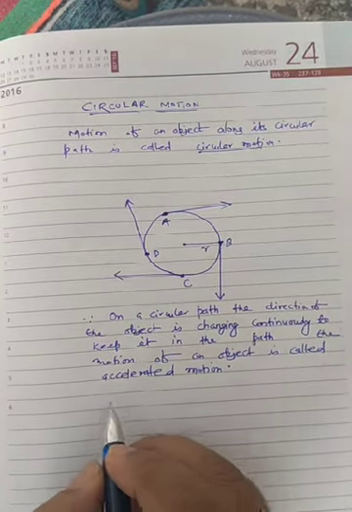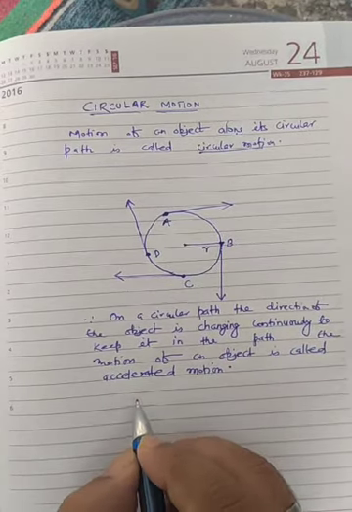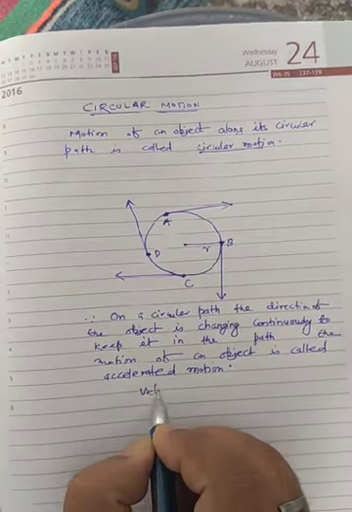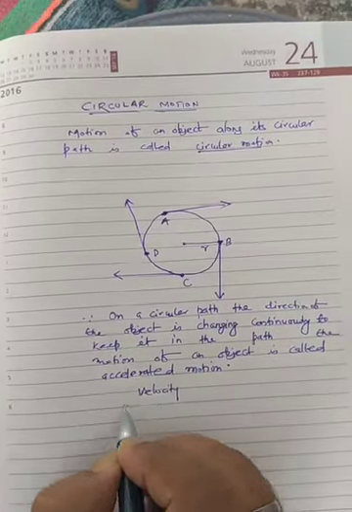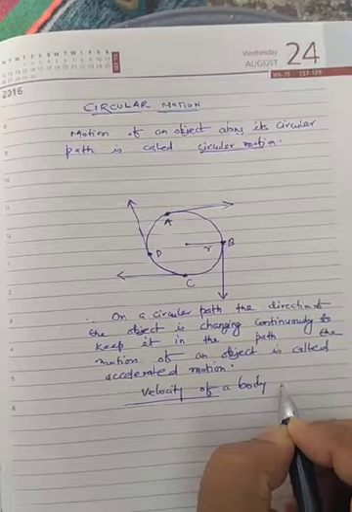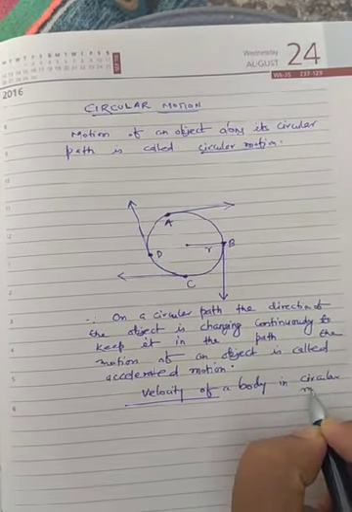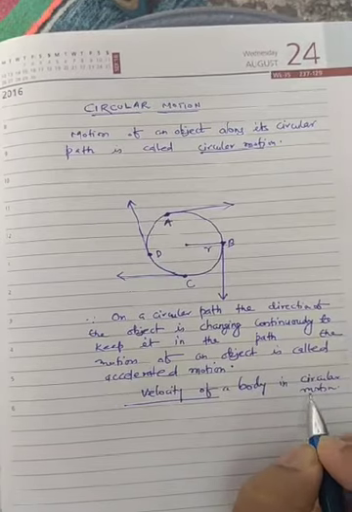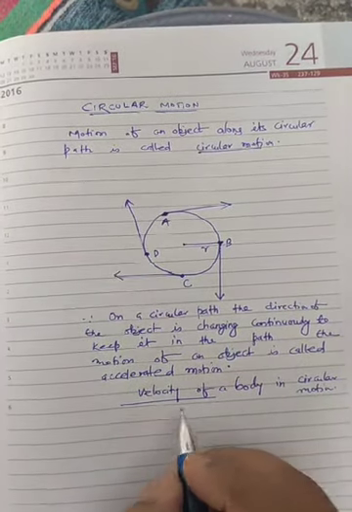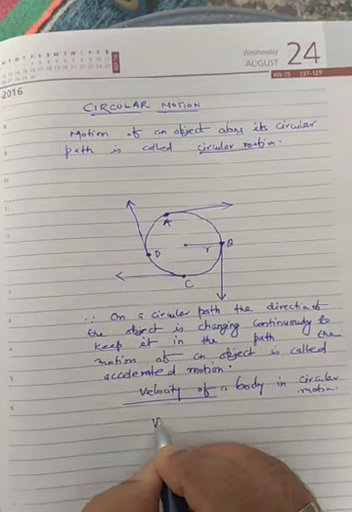Now let's find out the velocity of a body in circular motion. What is the formula that we know? Let's see.